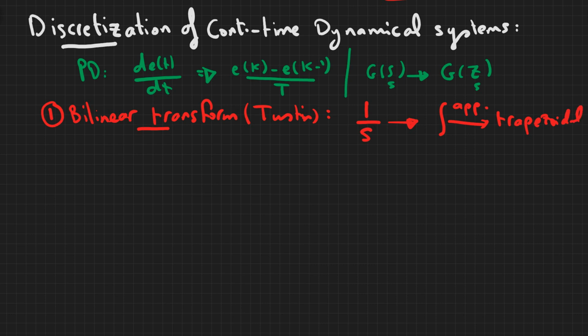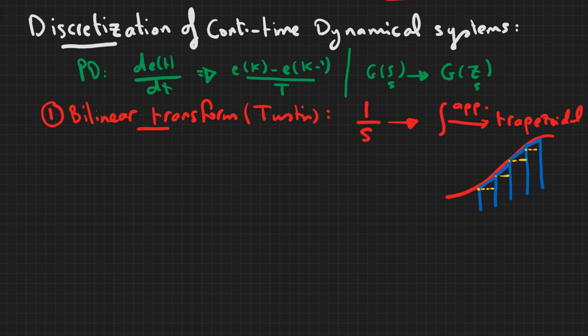What does a trapezoidal integration mean? If you have a curve that looks like this, you divide it into sections like this, and you approximate the integral by these trapezoids. It's better than doing the rectangular approximation.